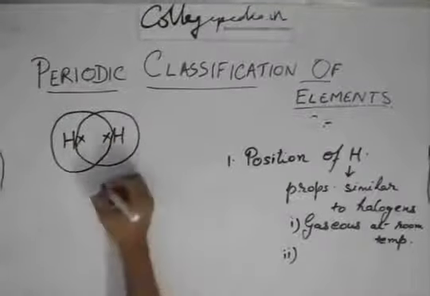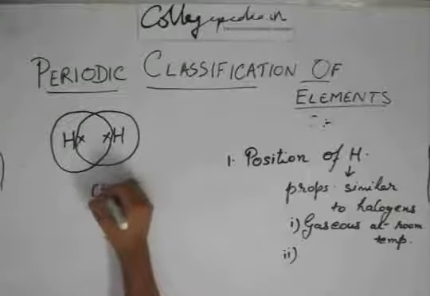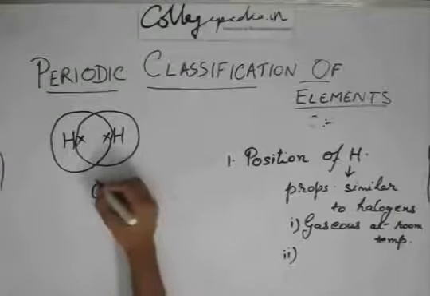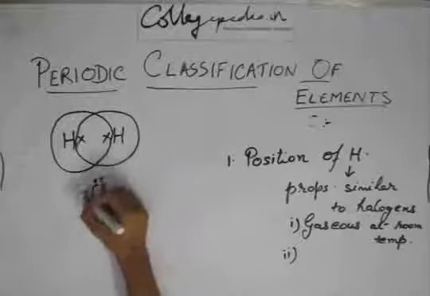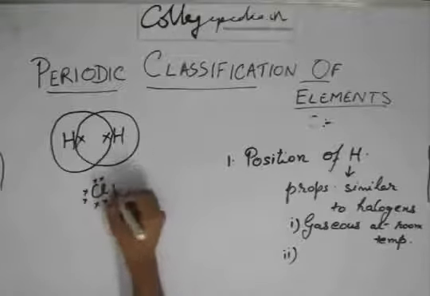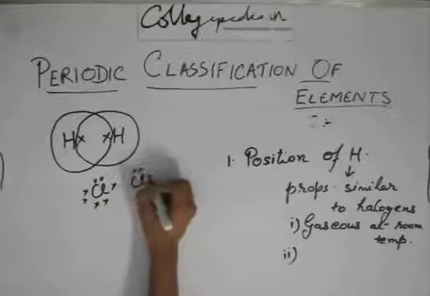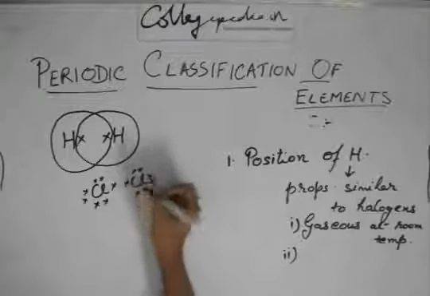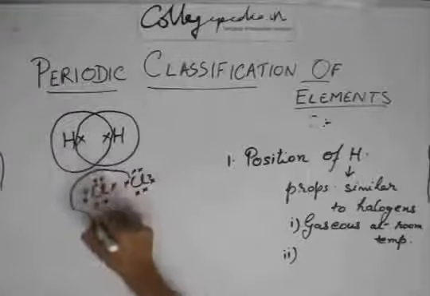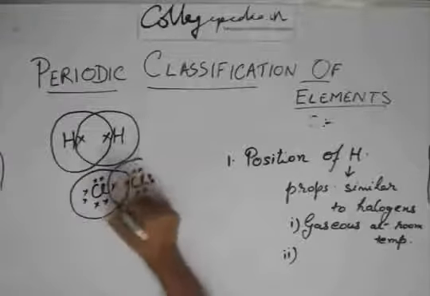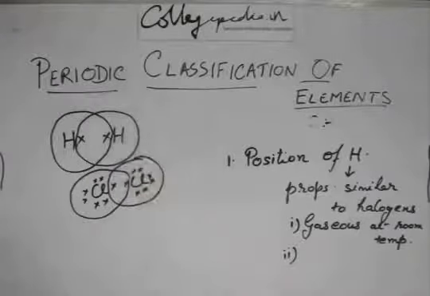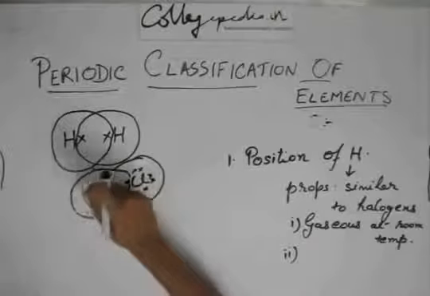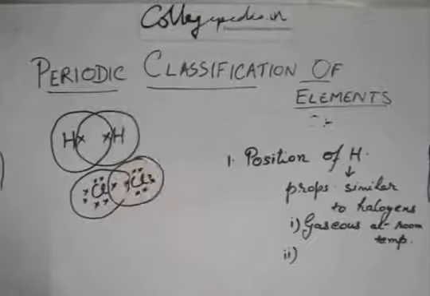Chlorine, fluorine, bromine also follow the same thing. Chlorine has 7 electrons: 3, 4, 5, 6, 7. The other chlorine also has 7 electrons. Each shares 1 electron, so both have 8, since 1 electron is shared from both the chlorines.